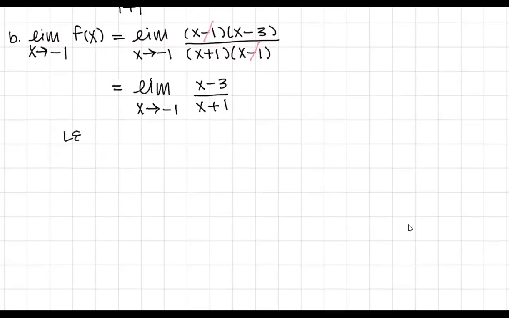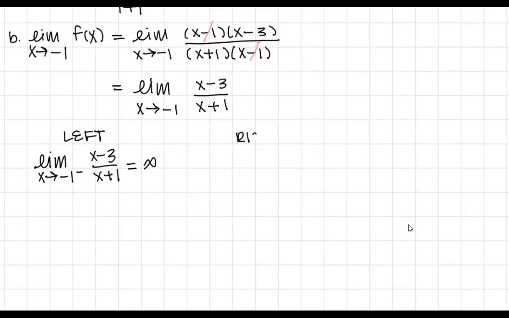So from the left, we get that our numerator approaches -4, but our denominator is negative and approaches 0. So we write infinity, because a negative divided by a negative is the same as a positive.